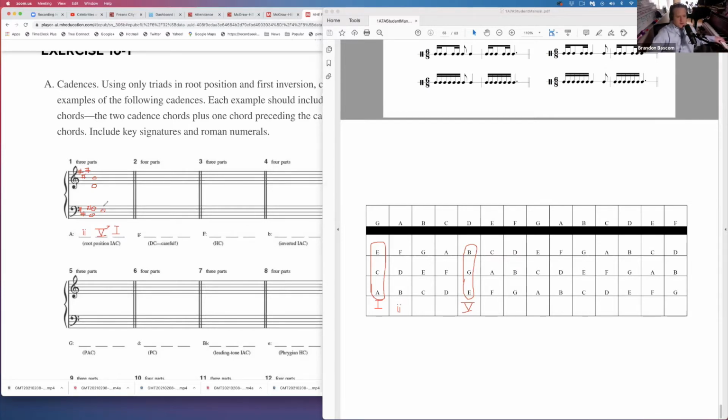Okay, I'm gonna probably do this wrong. Find some things that I broke, some part writing rules that I didn't pay attention to. What do you think?